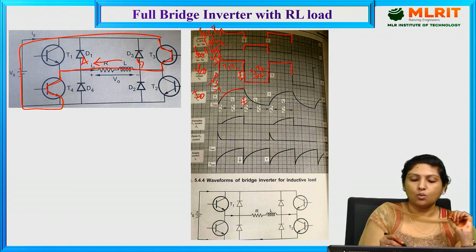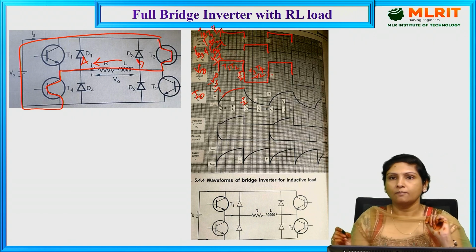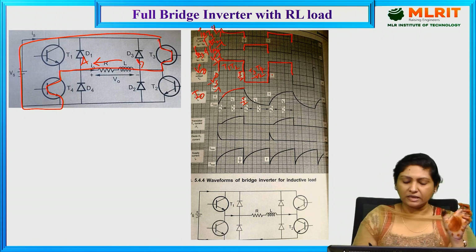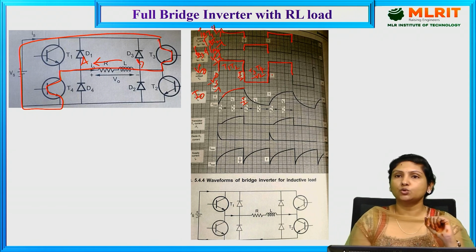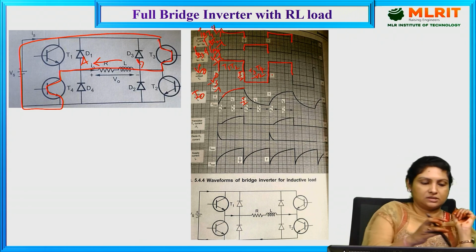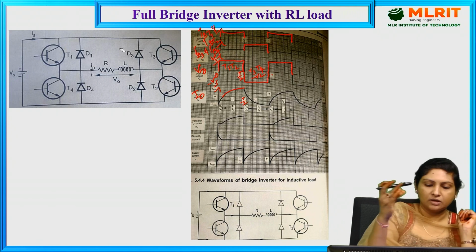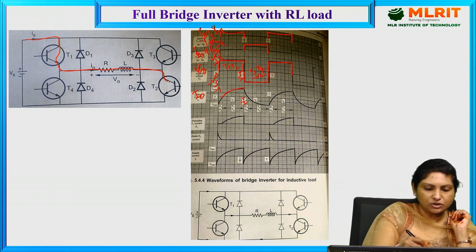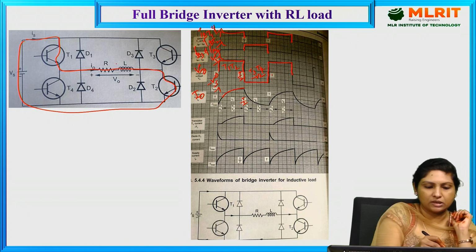But whatever energy was stored in the inductor while T1, T2 were conducting, the inductor tends to maintain current in the same direction as in the first case. Let us observe. Initially T1, T2 conducted, and certain energy was stored in the inductor.